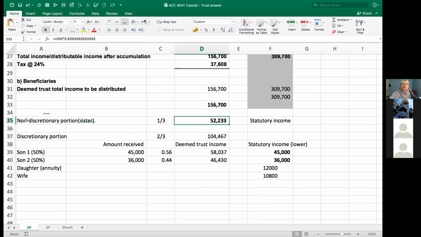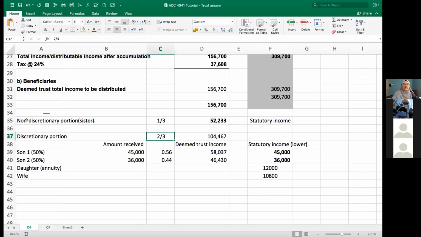So you should get to the sister because it's non-discretionary portion, the 52,233 would be the statutory income of the sister. Alright. But the 2/3, the balance discretionary portion to son 1 and son 2 divide equally. So each one will get half-half lah.